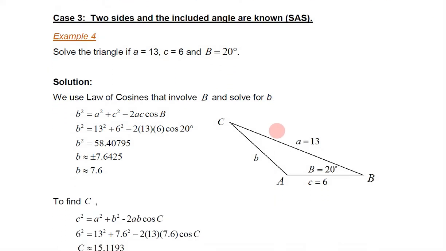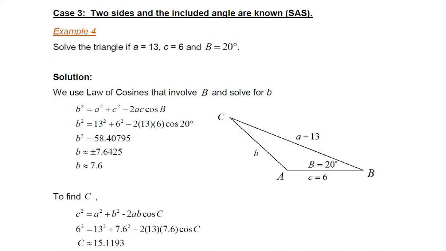If you draw the triangle, you will have this. If you want to get b, because we have angle B and also sides c and a, we substitute in the formula: b squared equals a squared plus c squared minus 2ac cos B.